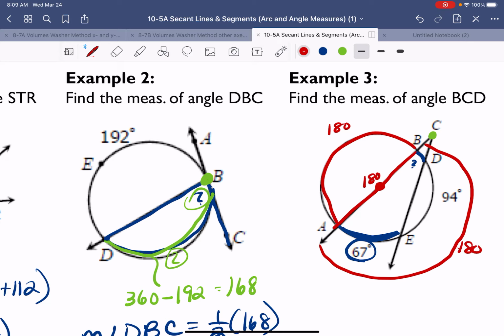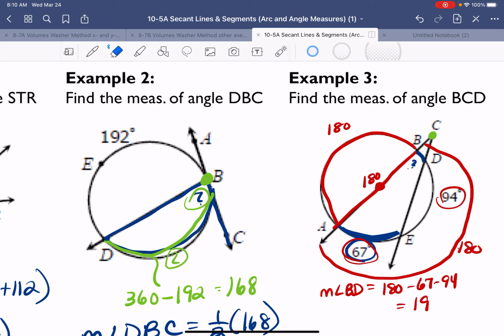So if I have these 2 angles and one missing angle, I could just subtract those from 180. So the measure of arc BD is just going to be 180 minus 67 minus 94, which is 19 degrees. So perfect. I know that this arc measure is 19 right there.